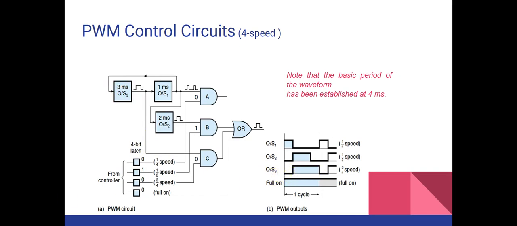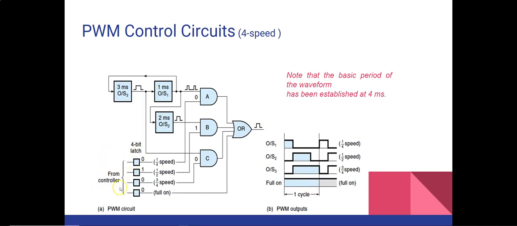Now these gates A, B, C are AND gates, and they are the control gates. Our direct signal goes to this last AND gate, which will provide the full cycle of 4 milliseconds, and this is for full on.